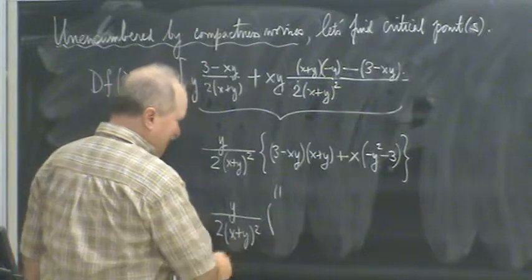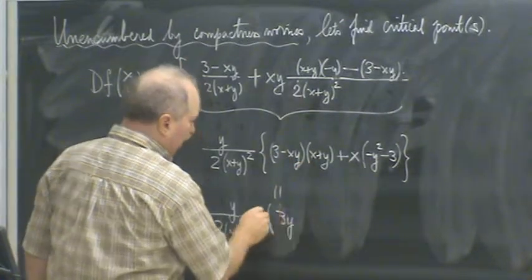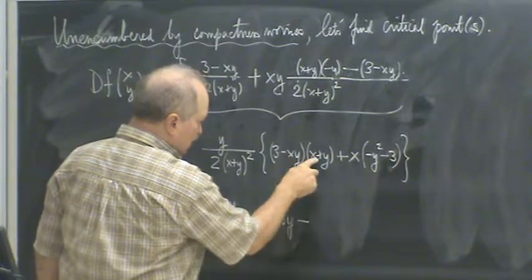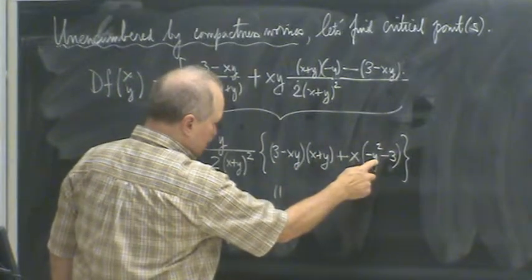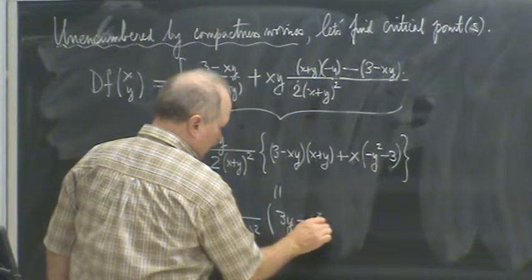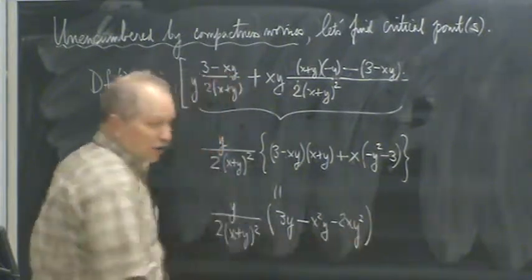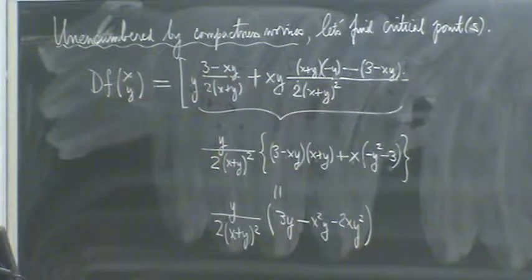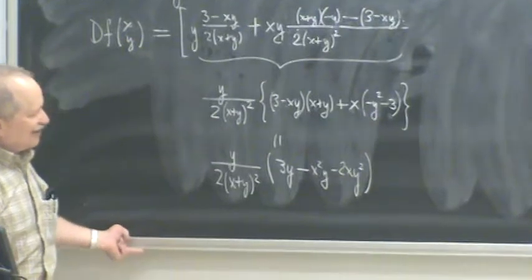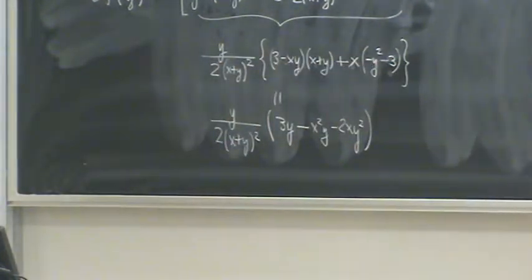You can combine. So I've got the 3x's canceled, so I'm left with a 3y minus x squared y minus xy squared minus xy squared. So I have minus x squared y minus 2xy squared. Are you all paying attention? Can we take a y out of that? There is a point, by the way, where in all this you say, gee, I wish there were an easier way of doing these problems.